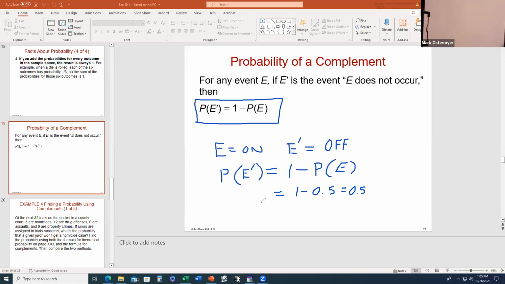What's my complementary event? Well, the complementary event denoted as E prime would be that I do not select a face card from a deck. Another example, event E is that we flip a head on a coin. What's the complementary event E prime?